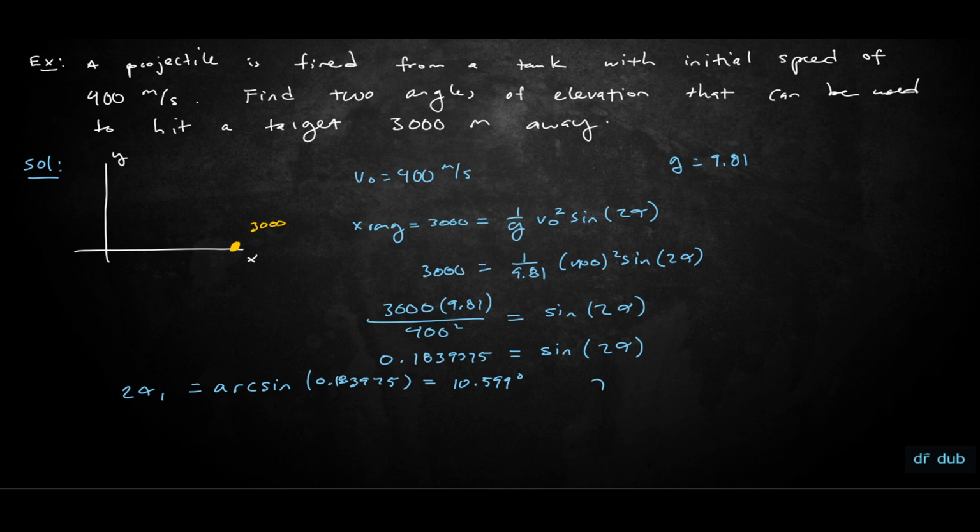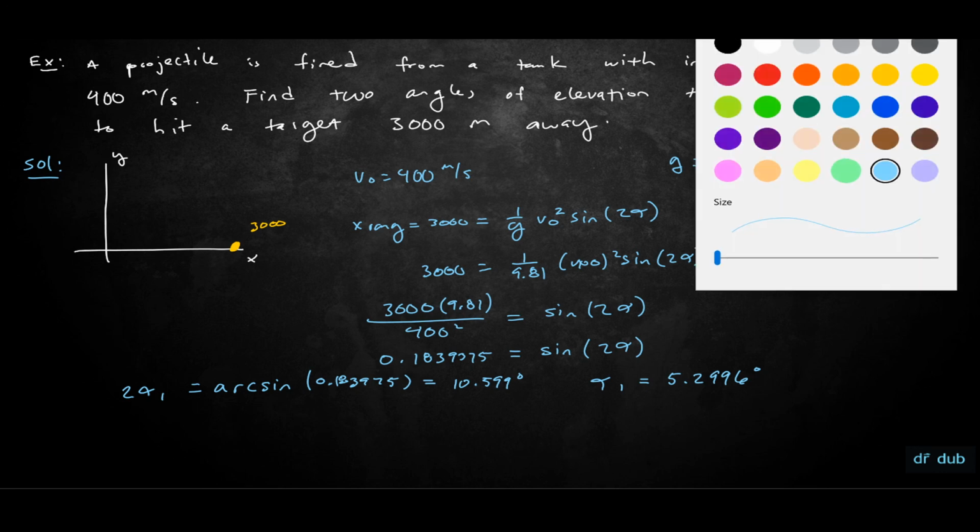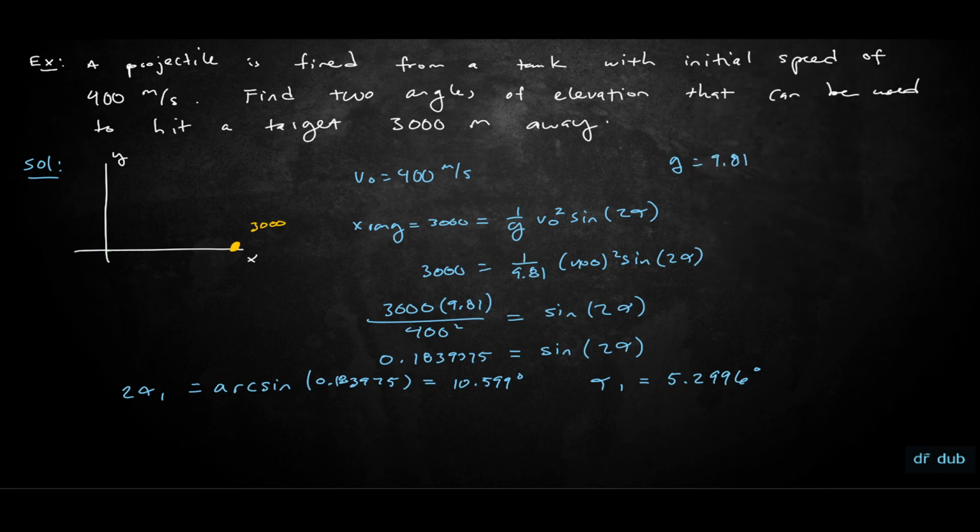Dividing that by 2, alpha 1 is 5.2996 degrees. That's the first angle. I could make it a super low angle, a super low parabola like that, about 5 degrees off the horizontal, and that would hit my target. So that's the first angle I could use.